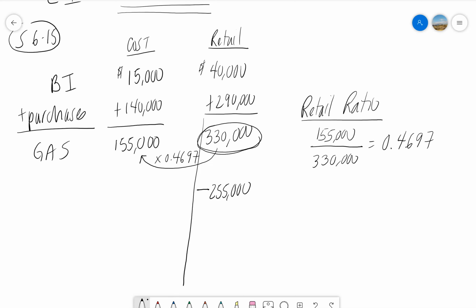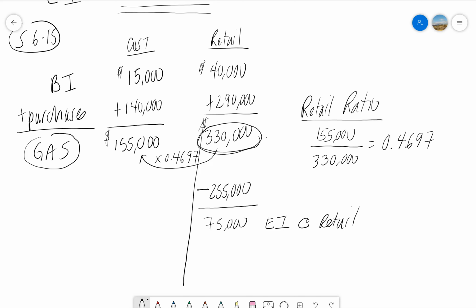Remember, everything is being expressed at the retail price now. So that means that the ending inventory at the retail price is going to be 75,000. So we have goods available for sale expressed at both the cost and expressed in the retail price.